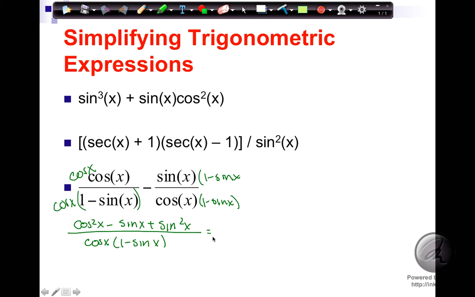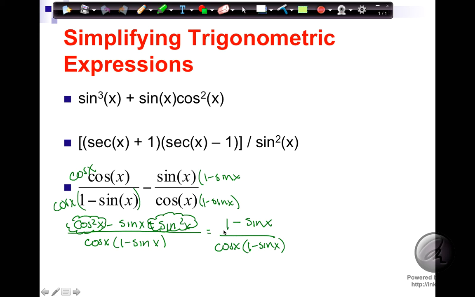Well, that kind of looks more complicated than it needs to be, so let's see what I can do. Here I have a cosine squared plus sine squared, and the commutative property tells me I can add these in any order that I would like, and cosine squared plus sine squared is 1, so now I have 1 minus sine of x over cosine x times 1 minus sine x.